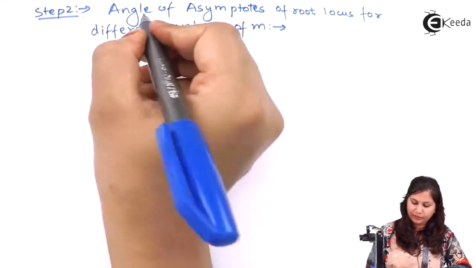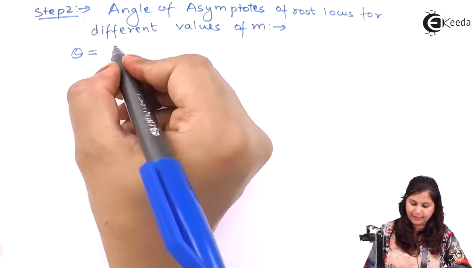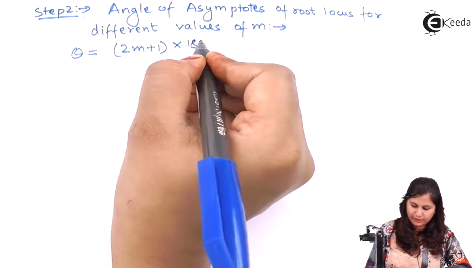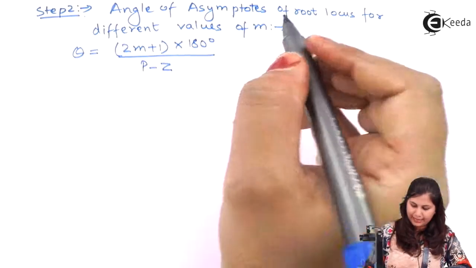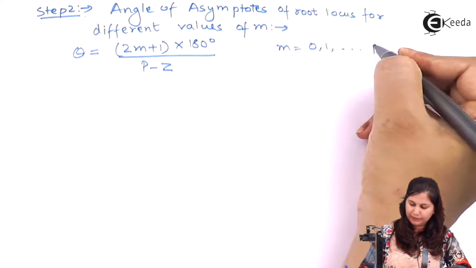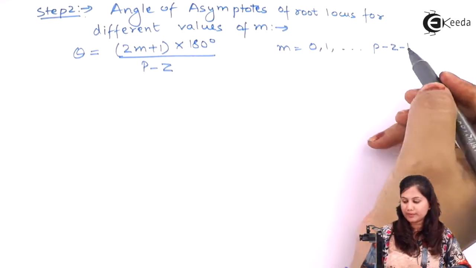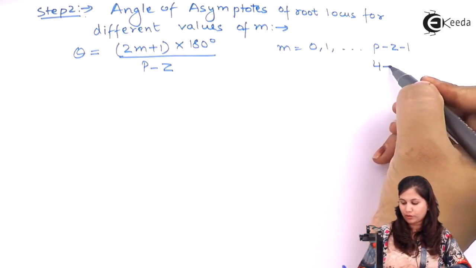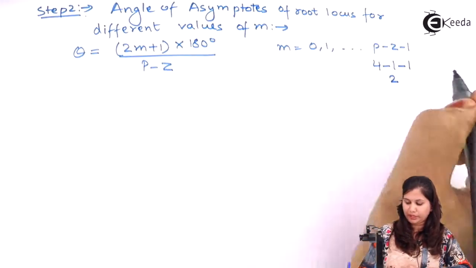How can we find it? We have the formula for the angle of asymptotes as theta = (2m+1) x 180 degrees upon (P - Z), and m goes from 0, 1 till P - Z - 1. P is the number of poles, Z is the number of zeros. So the number of poles we have is 4, number of zeros we have is 1, then minus 1, so it will be 2.